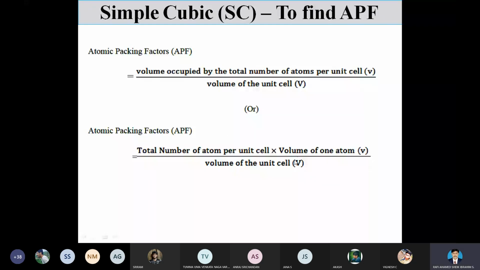So all the data are now known. The number of atoms is 1. The volume of one atom is 4 by 3 pi r cube. The volume of the unit cell, capital V, is equal to a cube. Let's see how we are going to evaluate the structure.